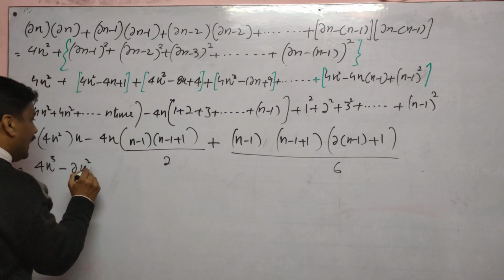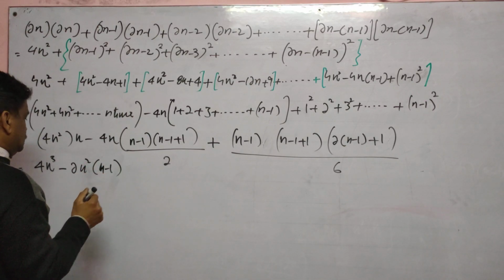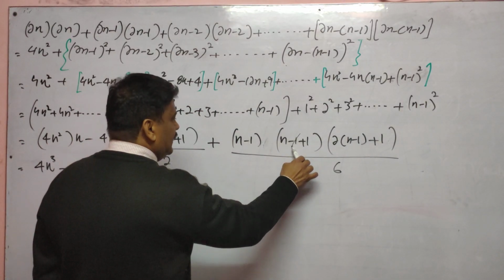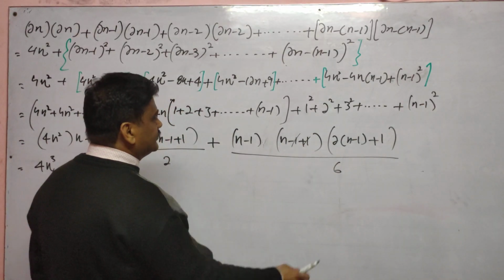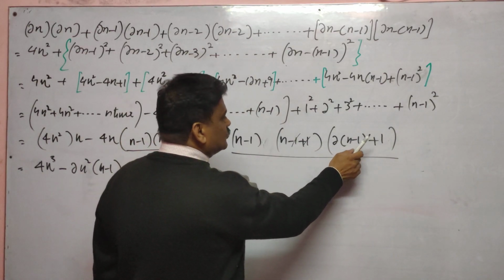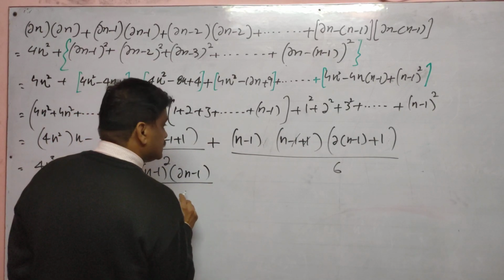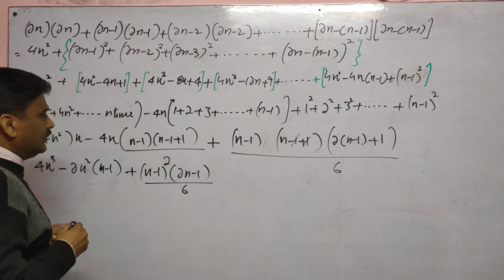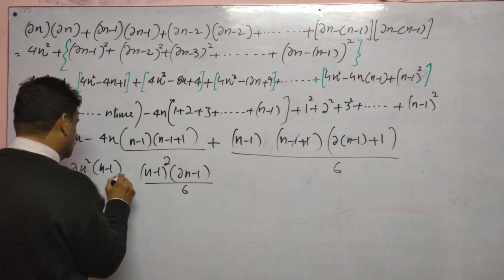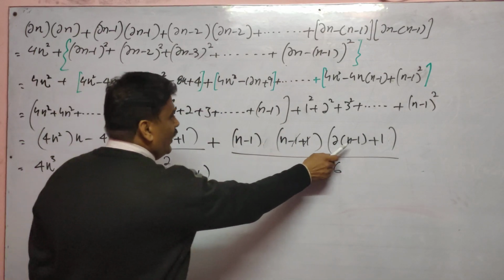We write n squared times n minus 1 plus, again plus 1 minus 1 cancel, we will get n minus 1 times 2n minus 2 plus 1, 2n minus 1, divided by 6. Okay, this n times n minus 1 times 2n minus 1.